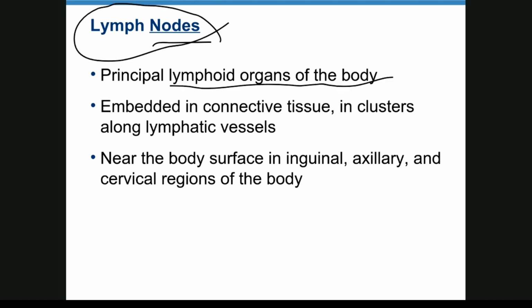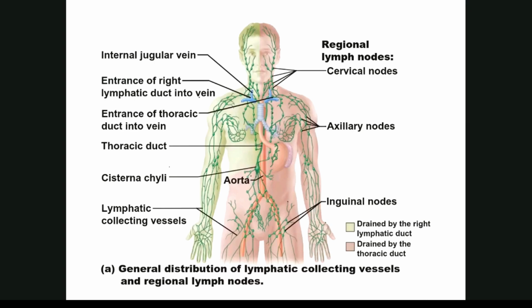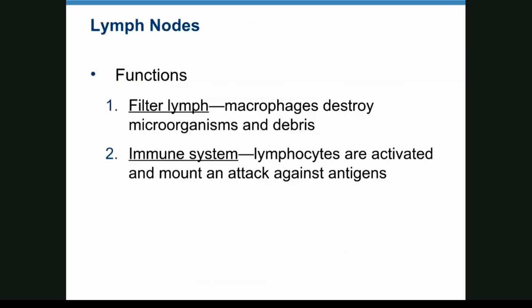They're embedded in connective tissue. They're in clusters along lymphatic vessels, and they're near the body surface, in the inguinal, axillary, and cervical regions of the body. So all these little green bumps are lymph nodes. And if you have a swollen lymph node, it indicates some sort of infection.